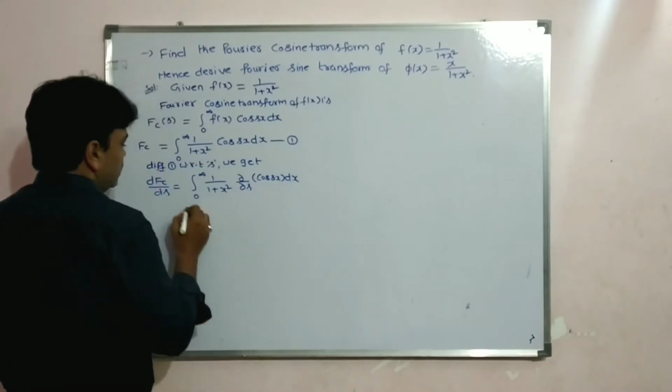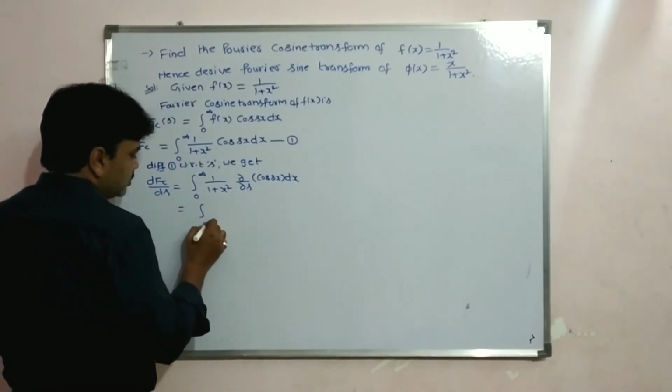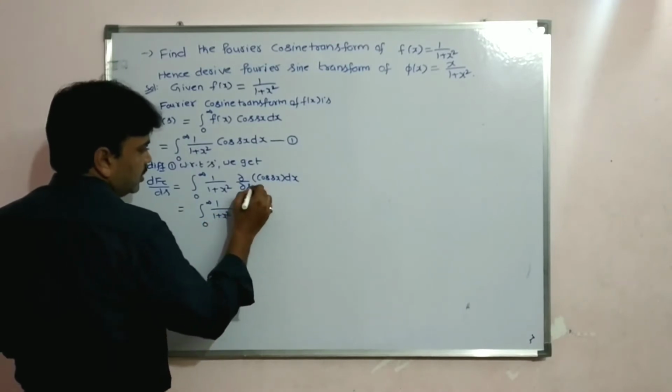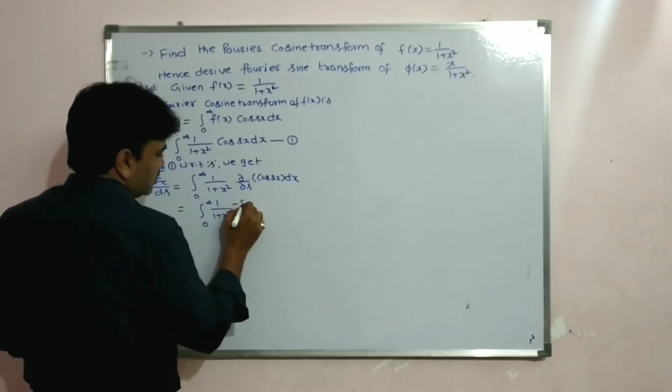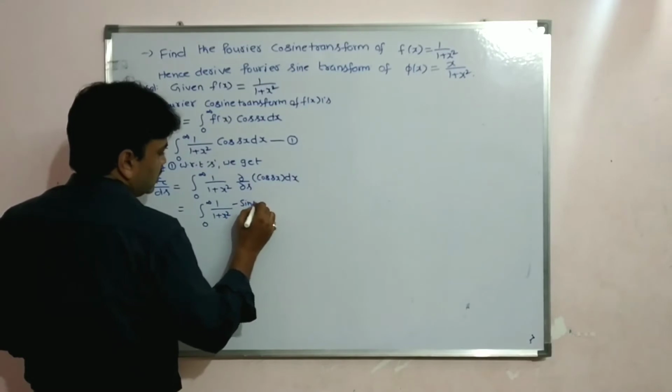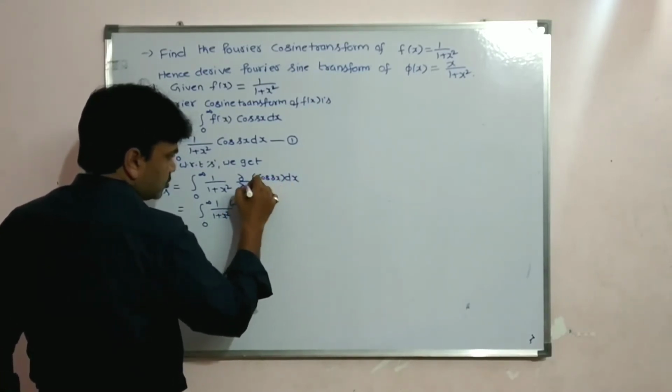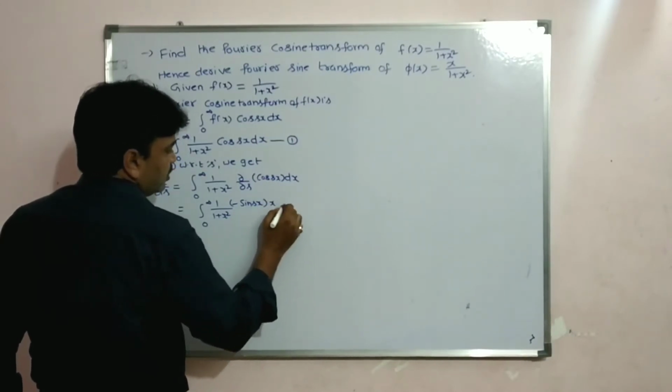That is equal to integral 0 to infinity 1 by 1 plus x square, the derivative of cos sx is minus sin sx into the derivative of sx with respect to s, which is x, dx.